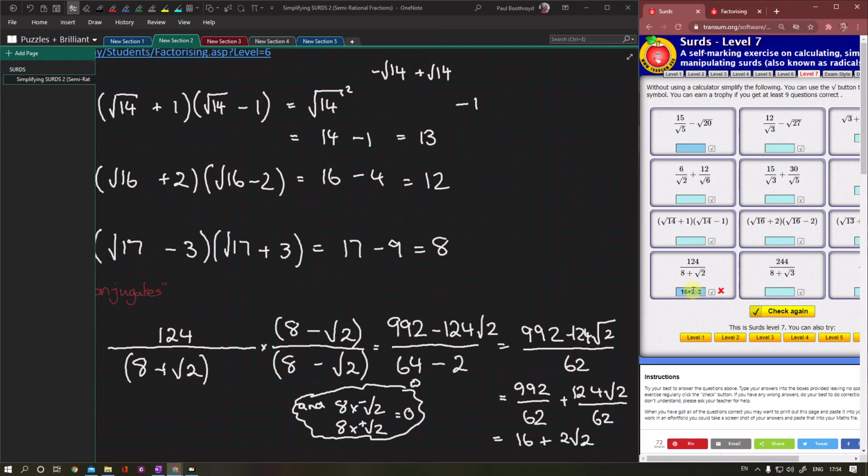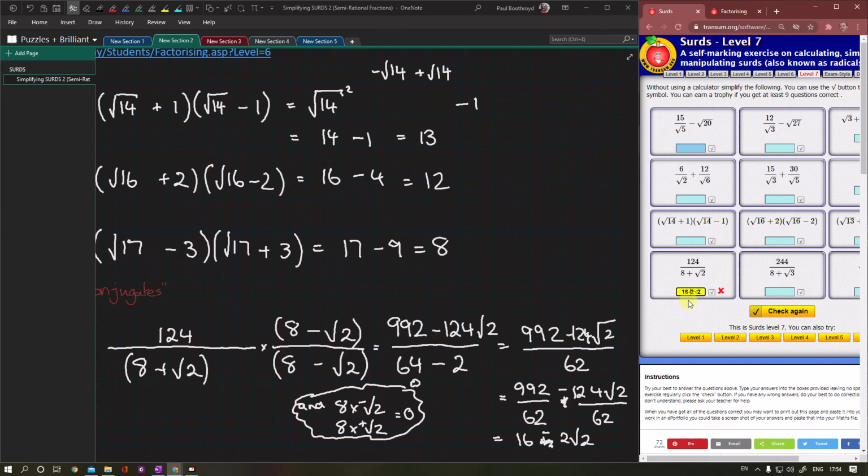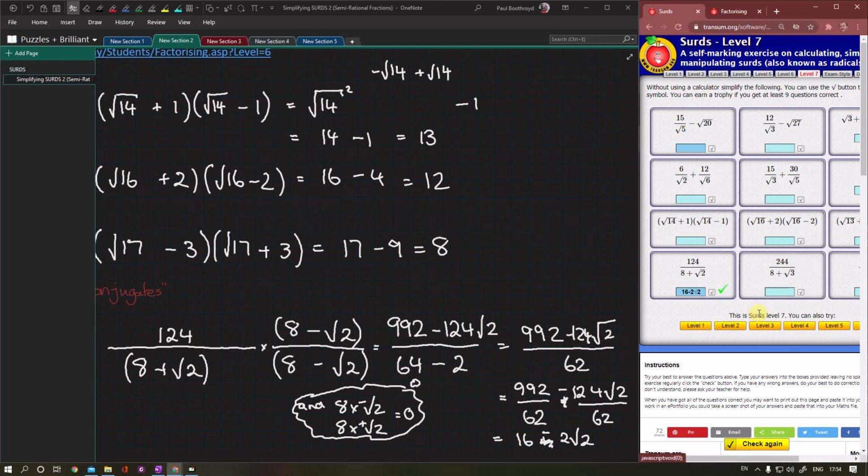The way I'm checking it is I've got a Casio calculator which does surds for me. Oh, it says minus. Where did I get? Oh, minus. That's why. That's a minus, not a plus. Do be careful about signs because it does introduce sign changes. Let's check again. There we go. Now it's correct.